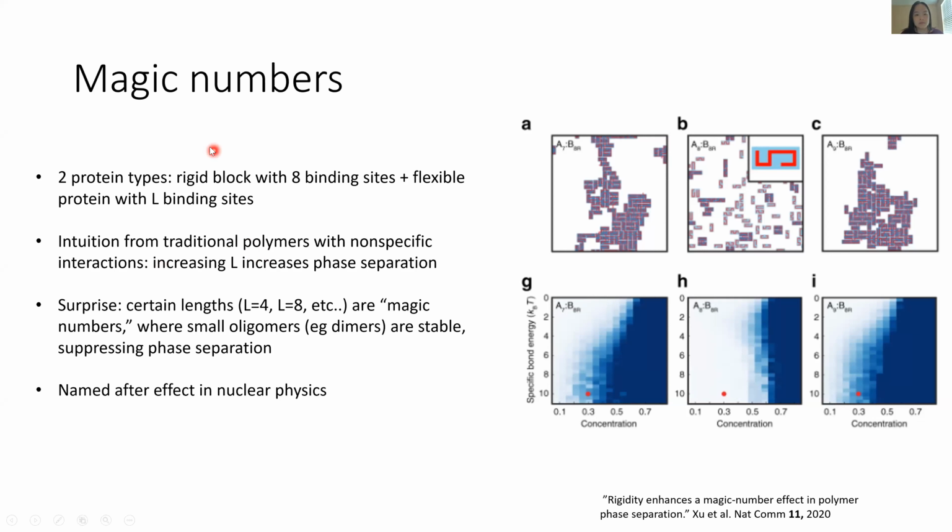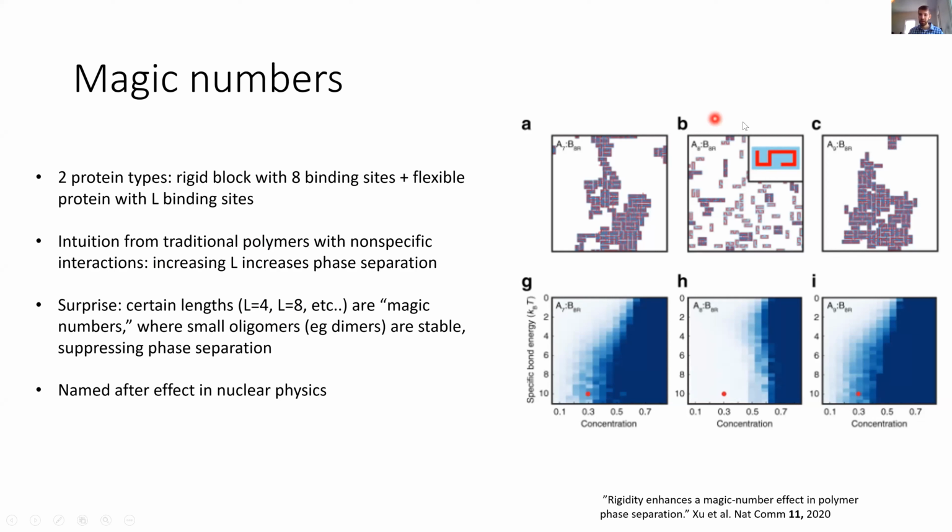But in fact, there are certain lengths, like L equals 4 or L equals 8, that are magic numbers in the sense that when polymers have this length, small oligomers like dimers become very stable entropically, and this actually suppresses phase separation.